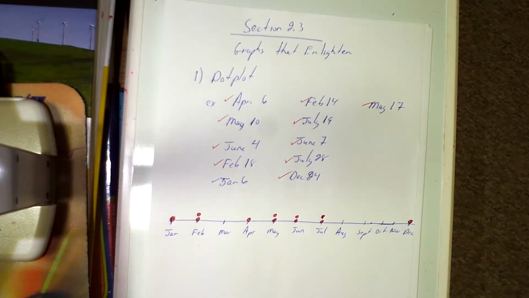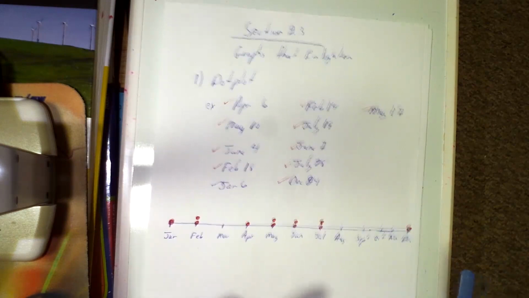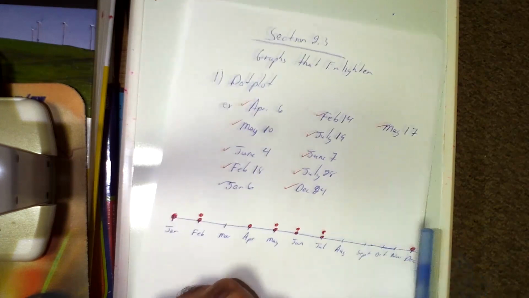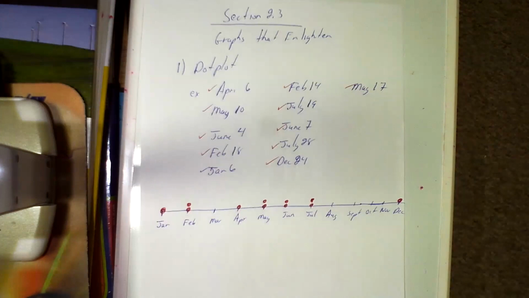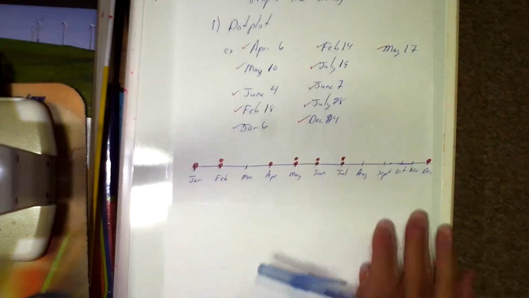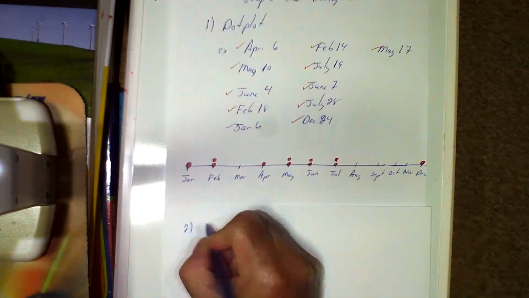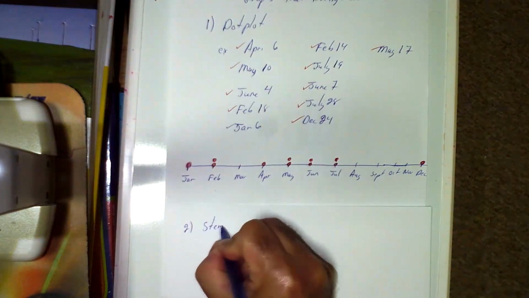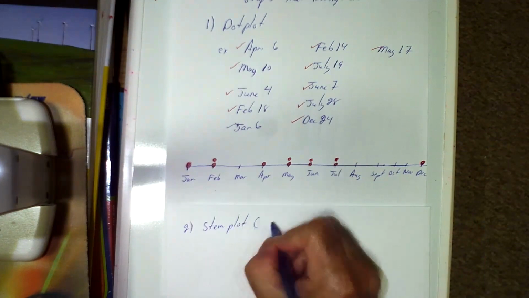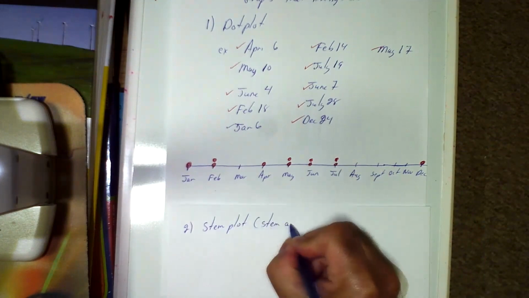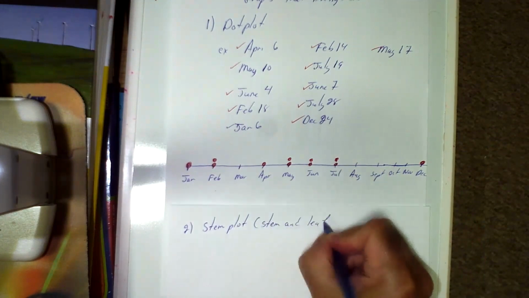Okay. So the next graph is called a stem plot. Stem plot. So number 2, a stem plot. It is also referred to as a stem and leaf graph.